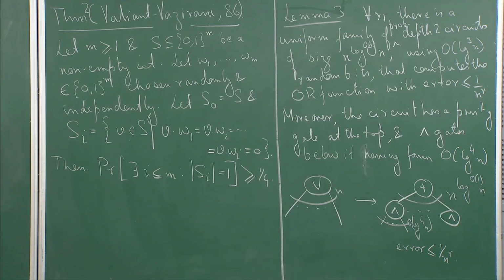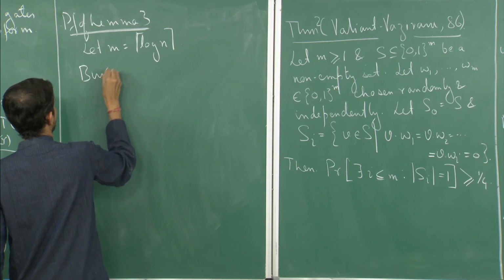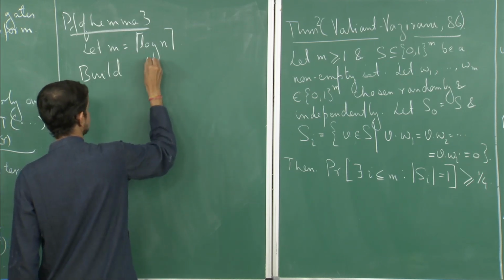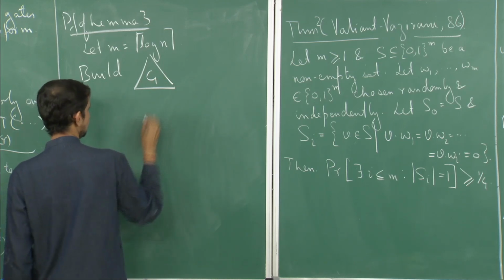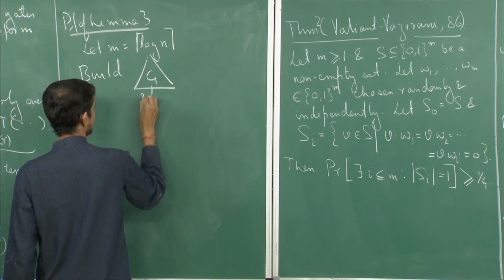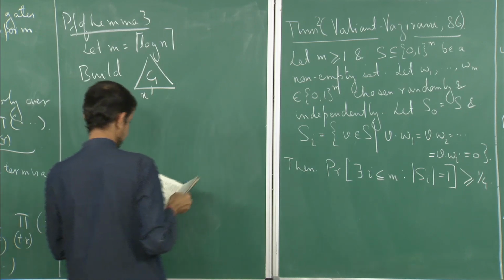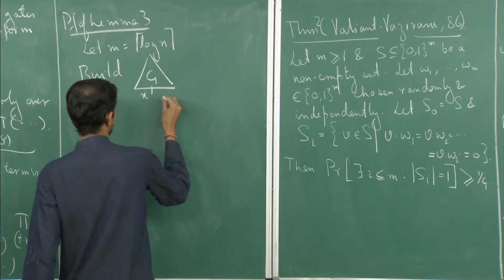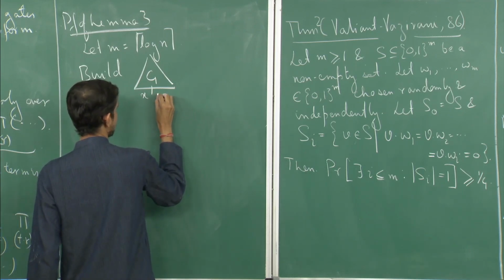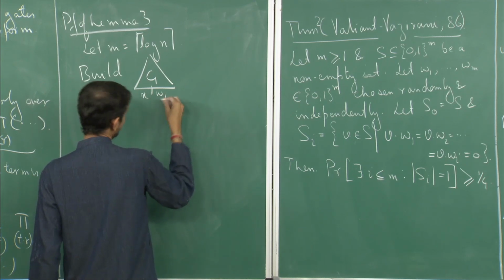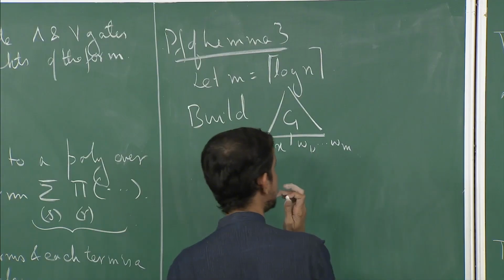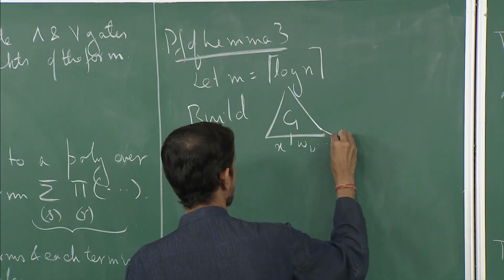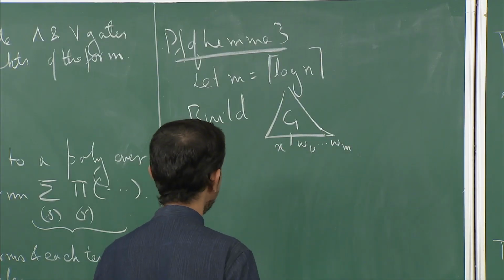We will build a circuit. Let me call it C1 first, which takes as input x, and it takes random strings w1 up to wm.